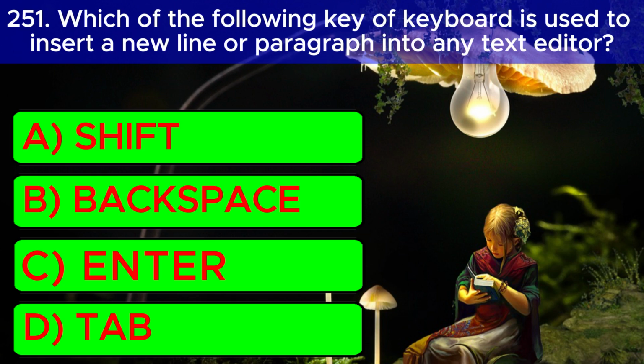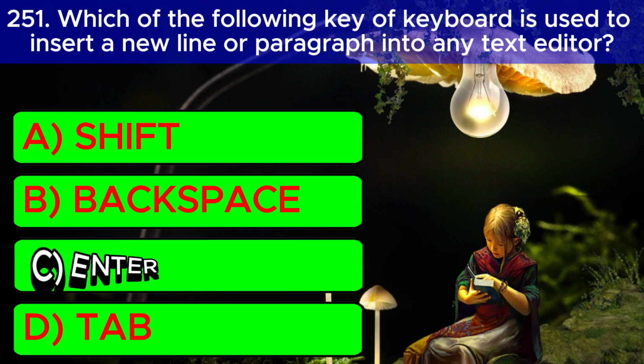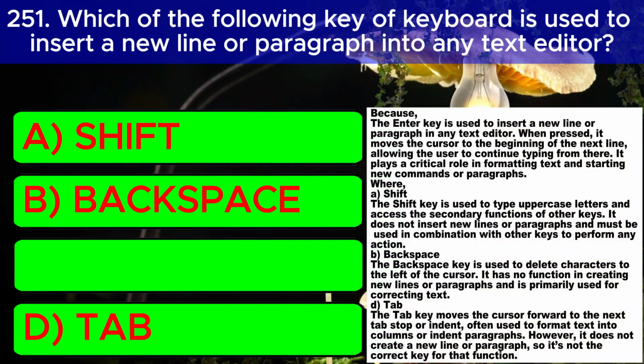And the correct answer is C. Enter, because the Enter key is used to insert a new line or paragraph in any text editor. When pressed, it moves the cursor to the beginning of the next line, allowing the user to continue typing from there. It plays a critical role in formatting text and starting new commands or paragraphs.